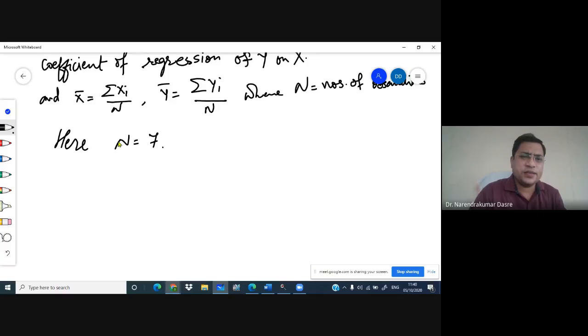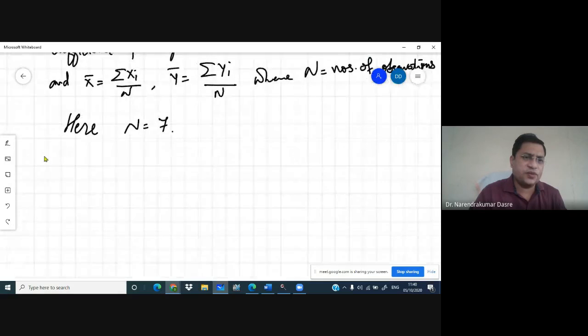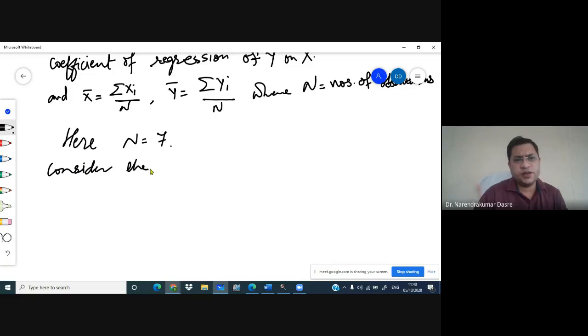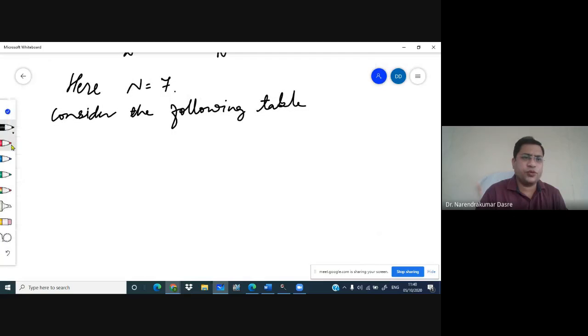Once we know n is equal to 7, the first task is to find x bar, and once we get x bar, we have to find these terms. So we know how to make the table for this. Consider the following table, and you know how to calculate it.